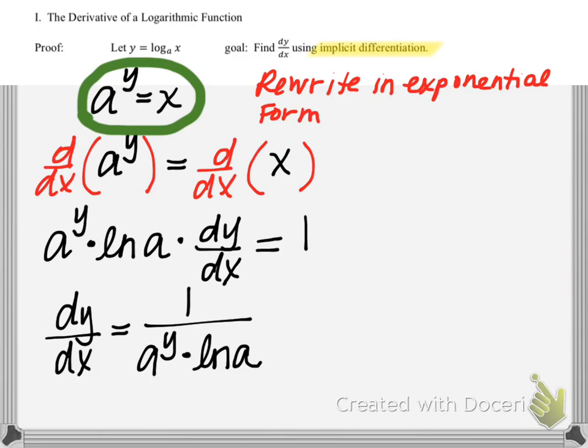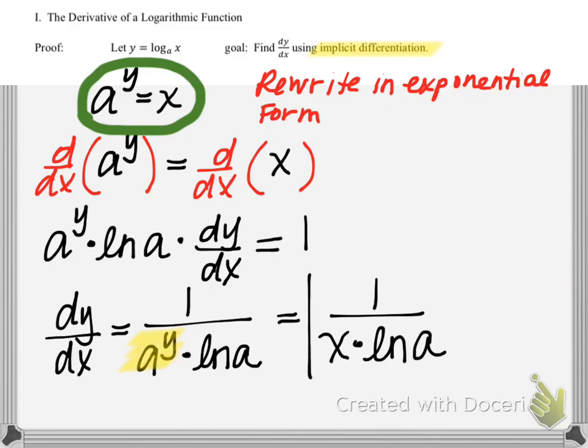So we can go ahead and substitute out our a to the y and replace it with x. And this gives us a nice formula for the derivative of any logarithmic function, which is 1 divided by x times the natural log of a.